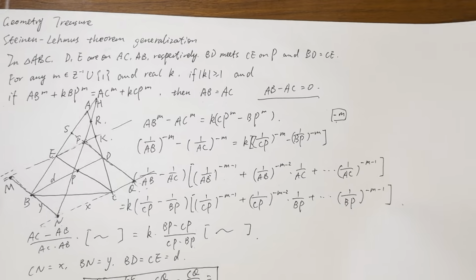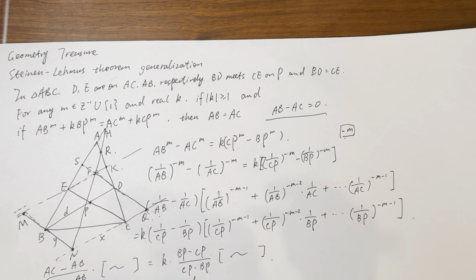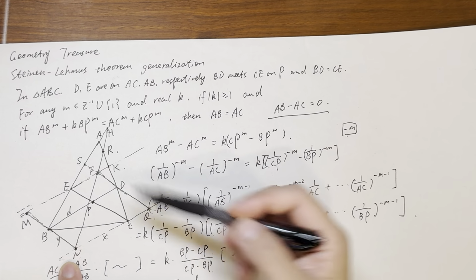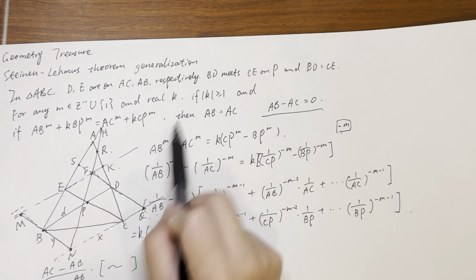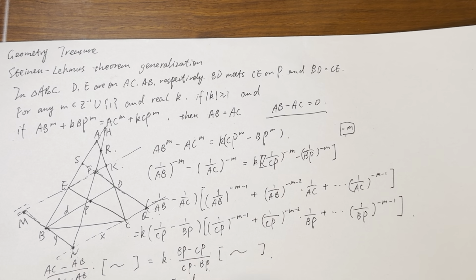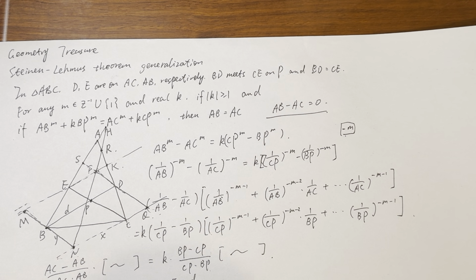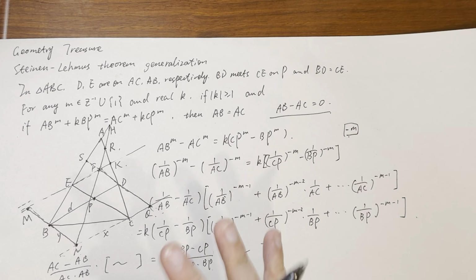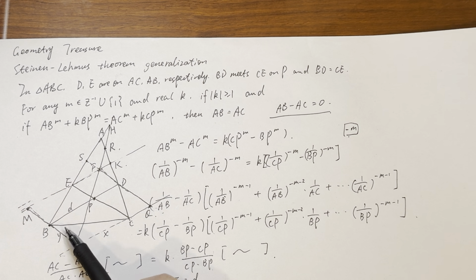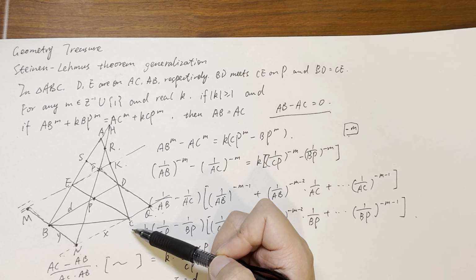So as you can see, this problem is not a very easy problem. You have to have a sense that, based on this problem set, we have AB, BP, AC, CP. So you want to find the relationship between AB, AC, BP, CP. But BP, CP is kind of weird because it's just in the middle of the triangle, and it's difficult to find the relationship between BP, CP and AB, AC.